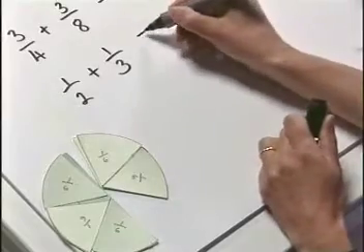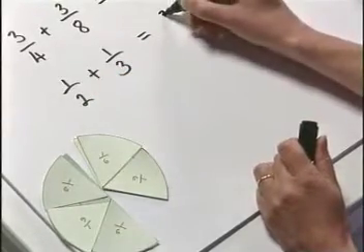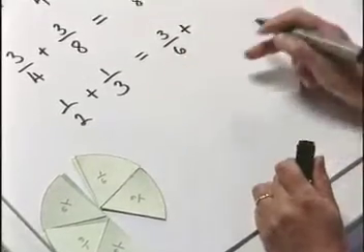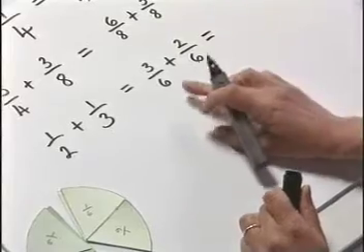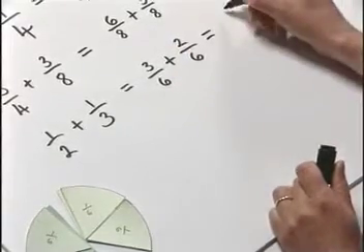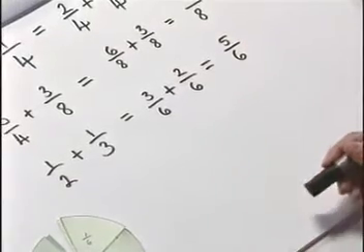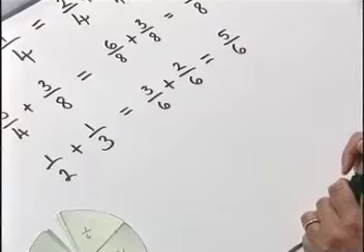So we're finding an equivalent fraction for our half is 3 sixths, and our third is 2 sixths. So again, with the denominators now the same, we can just add the numerators, and we see we've got a total of 5/6. 3 plus 2 giving us 5.